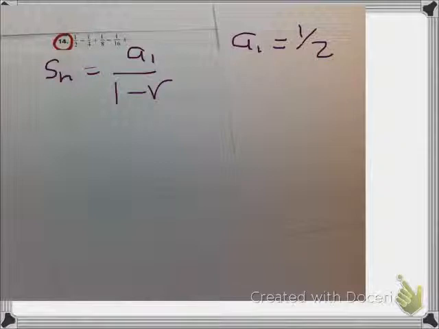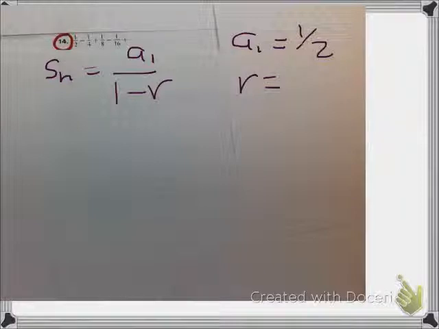So we're using the same formula, so I'm going to rewrite it. S sub n equals your a1 over 1 minus r. Do I know who my first term is? 1/2. Now, what is happening from 1/2 to negative 1/4? Remember, this is geometric because it's going to say so in the instructions. So what can I multiply that 1/2 times to get negative 1/4?